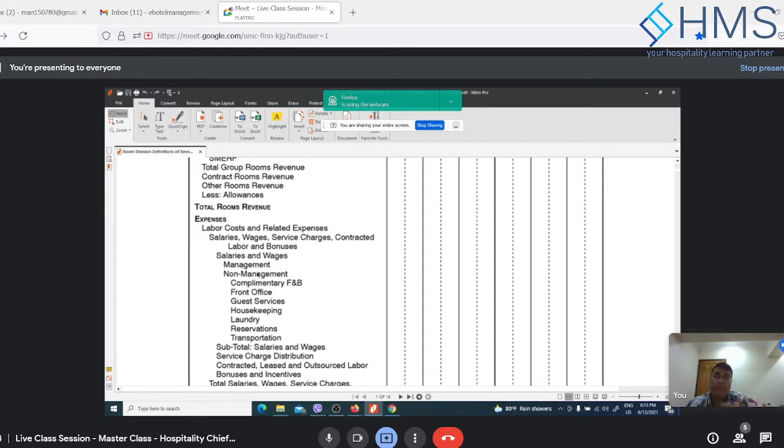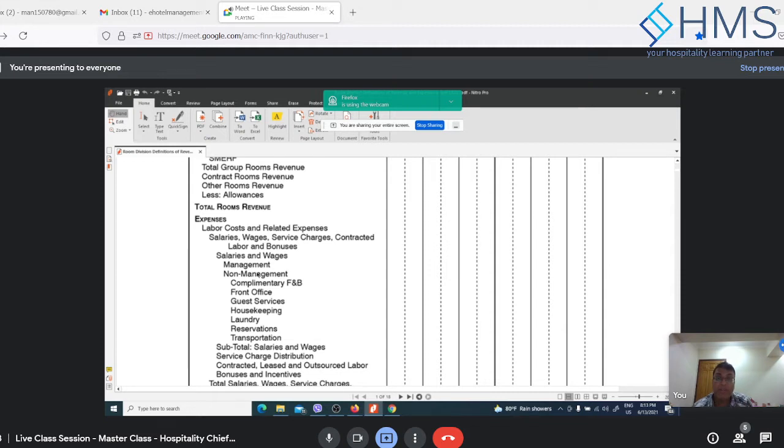Then front office will usually be your receptionists, your GROs, your back office staff, room controllers and everything. The guest services again would be your GSAs, guest relations officers who will be taking care of guests, or the lobby ambassadors. Then housekeeping again would be the room attendants, public area, and all those staff which are non-managerial.